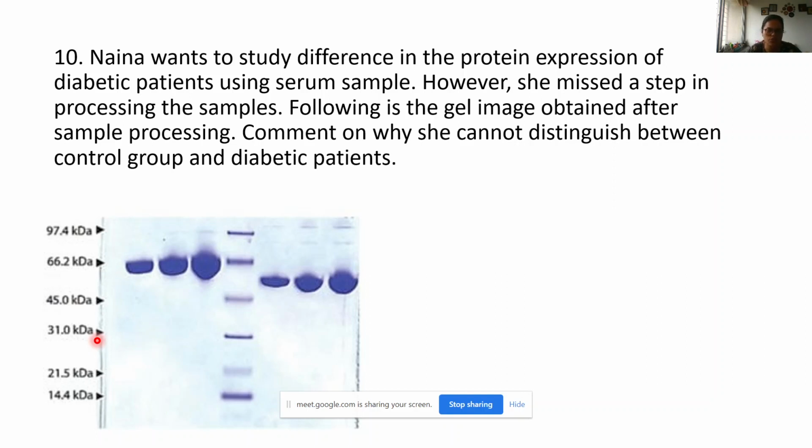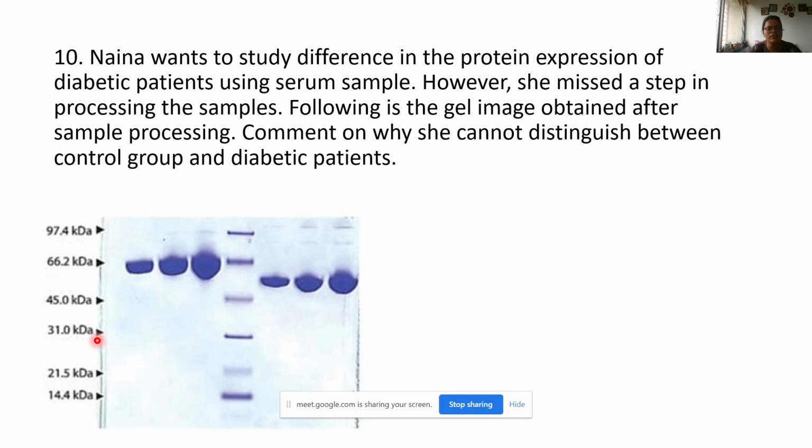They are highly abundant proteins. If you do not remove them and do your analysis, you will only get those protein bands, and the low abundant proteins which you are interested in, which could be changing in case of your diabetic samples or any disease sample, you won't be able to identify.